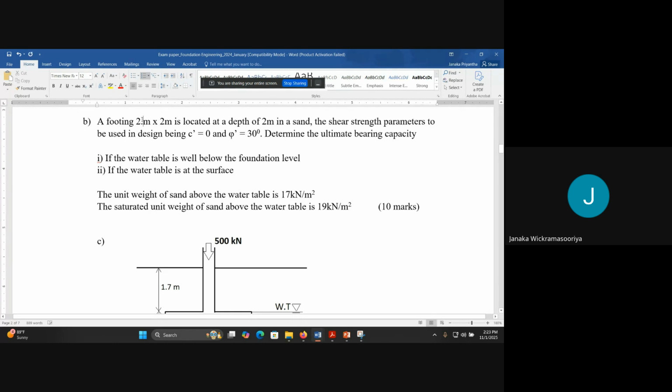So shall we change this to 2.5 meters? Right. Quickly do this one. I'll just give you 5 or 10 minutes.